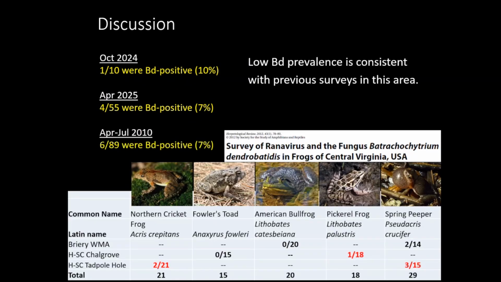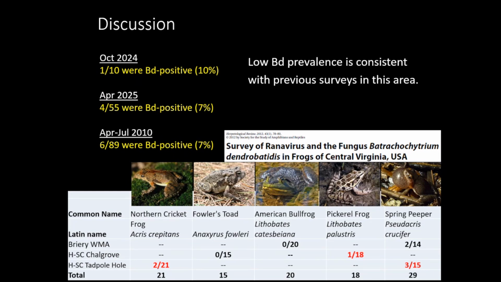So as far as the rates of positives that we see, in the fall sample, about 10% were positive, and in the spring sample, 7% were positive. And just as a point of comparison, in 2010, I did another study with students just in the Hampden-Sydney area. And now I have common names for pretty pictures, although it'll be really fast for you to look at.